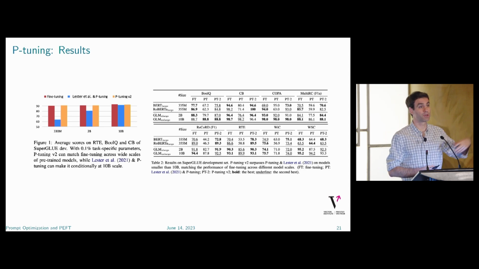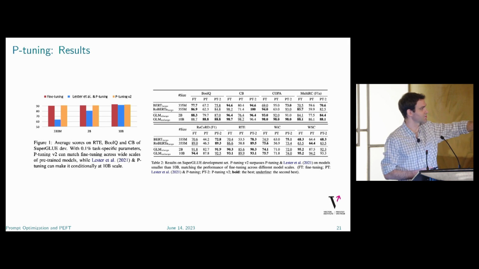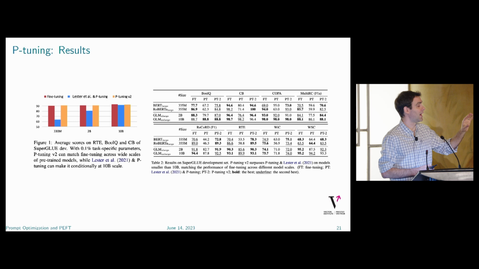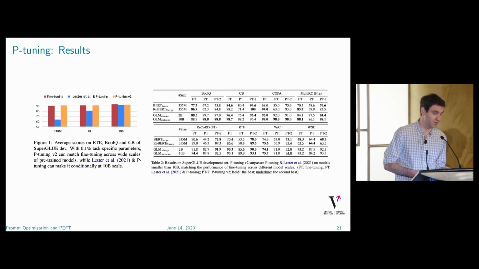But p-tuning, because you're injecting at every layer, allows you to capture fine tuning performance earlier in terms of model size than you would with prompt tuning. And so you can see on the SuperGLUE task on the right, p-tuning is extremely competitive, even for small models, with fine tuning alone. And it's still extremely efficient because you're only manipulating a small number of parameters compared to the overall model.